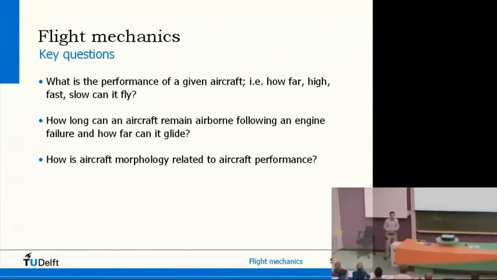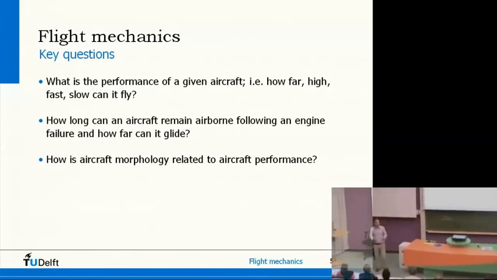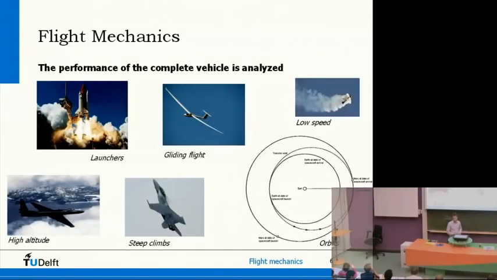So if you know how far you can glide, then you can think of, well, what if I change my aircraft design slightly? Would I then be able to glide further or not? So aircraft design, so wingspan, etc., is really much related to aircraft performance. So that's aircraft morphology.